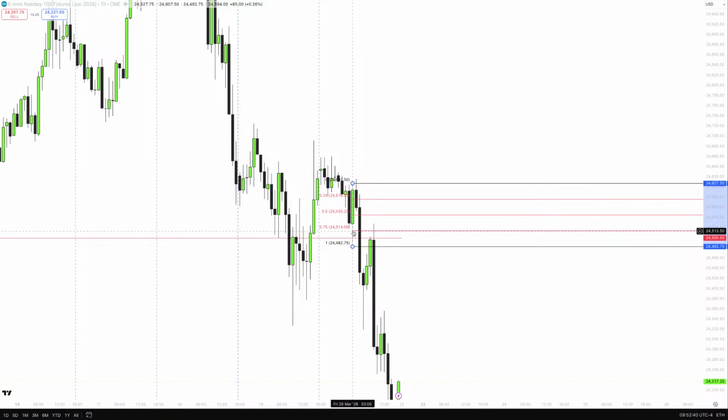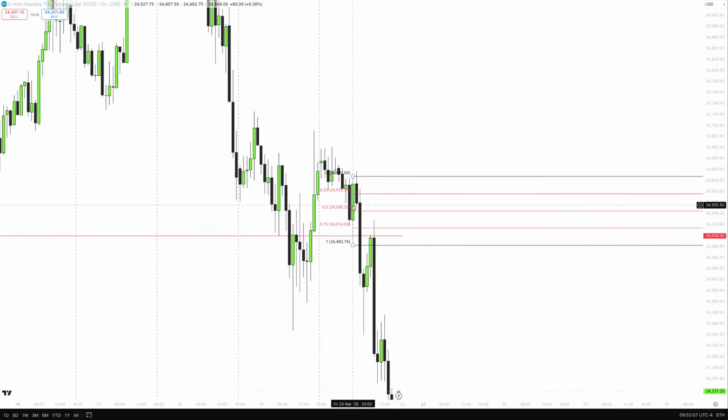You can do that on every time frame, not only on the 1 hour time frame, but also on the 1 minute time frame, the seconds time frame, the 5 minute time frame. So you can see here we also respected this level right here for continuation to the downside on Friday.